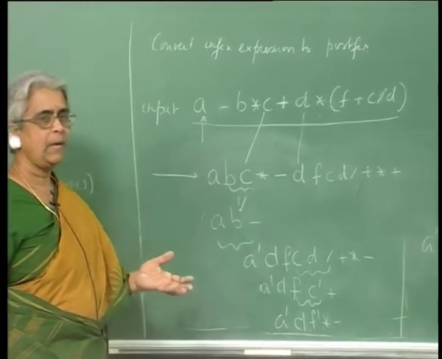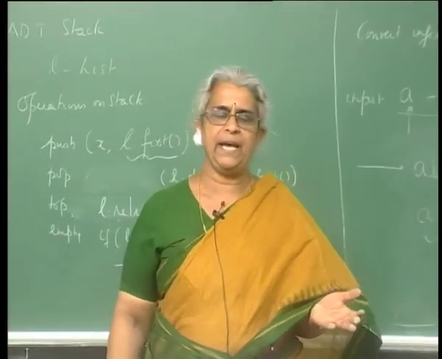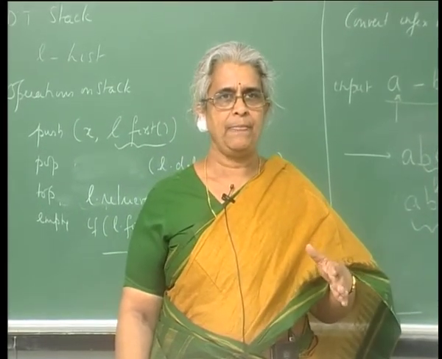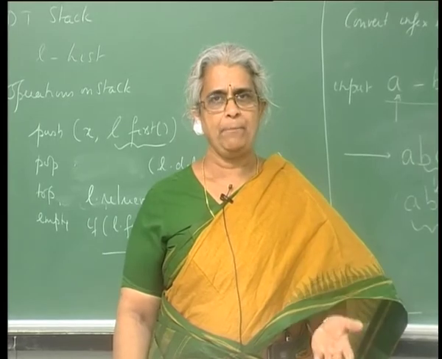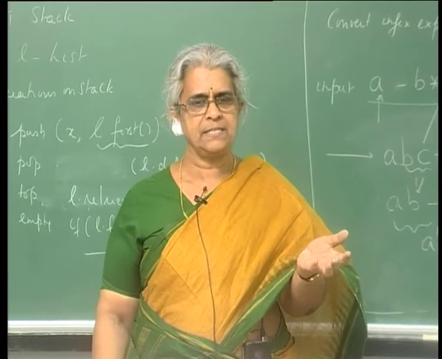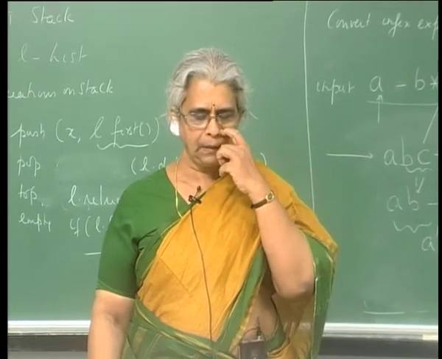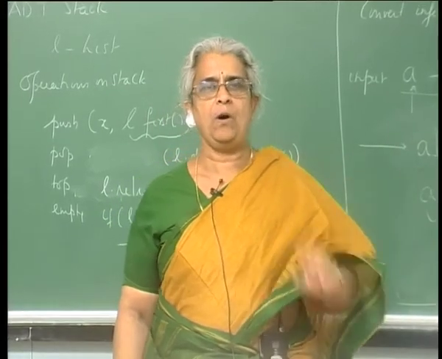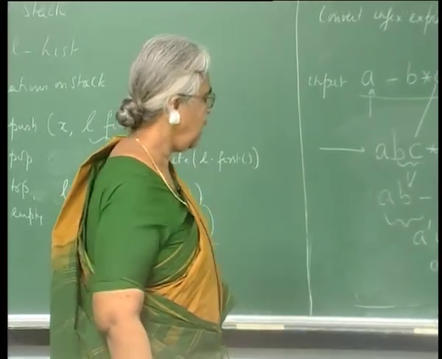And when do we pop? As soon as we come across an operator which has lower precedence than what is there on the stack, I pop all the operators from the stack which have higher precedence and the operators which have the same precedence too, and put this operator onto the stack. That is exactly what we did.